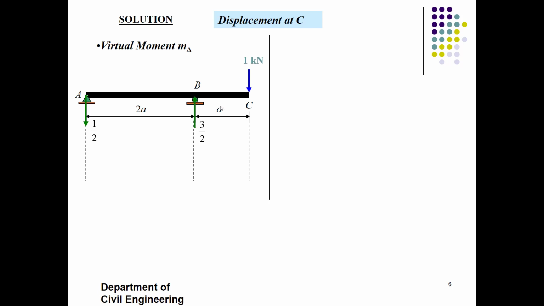Then you will apply the resisting couple upon the beam, which is basically 1a divided by 2a, which forms the 1 over 2 and 3 over 2 values respectively. So it is easy to find your reactions by any means.